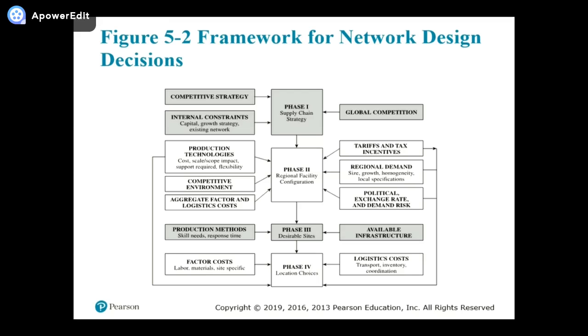In designing this appropriate strategy, we need to understand and forecast the evolution of global competition. And then we need to understand what the competitive strategy of the company is. Then we need to specify the high-level constraints. So, for example, constraints on how much capital is available, what our growth strategy is, and any constraints on the existing network.